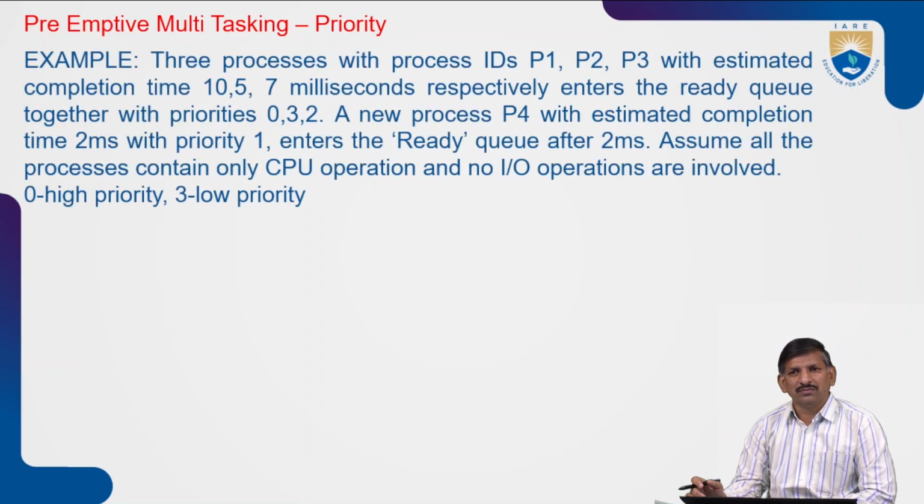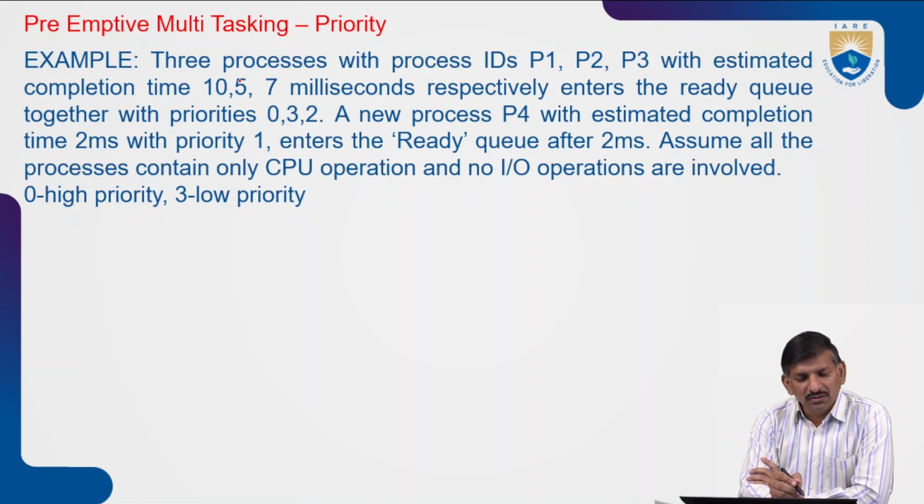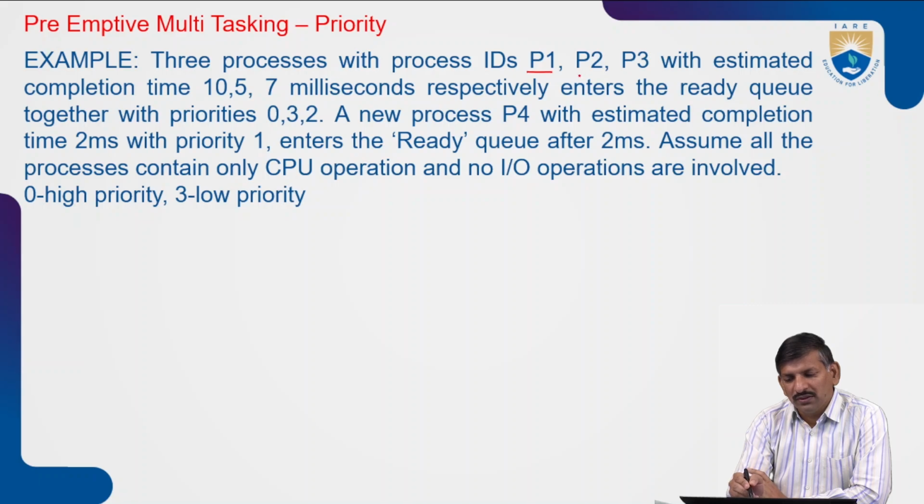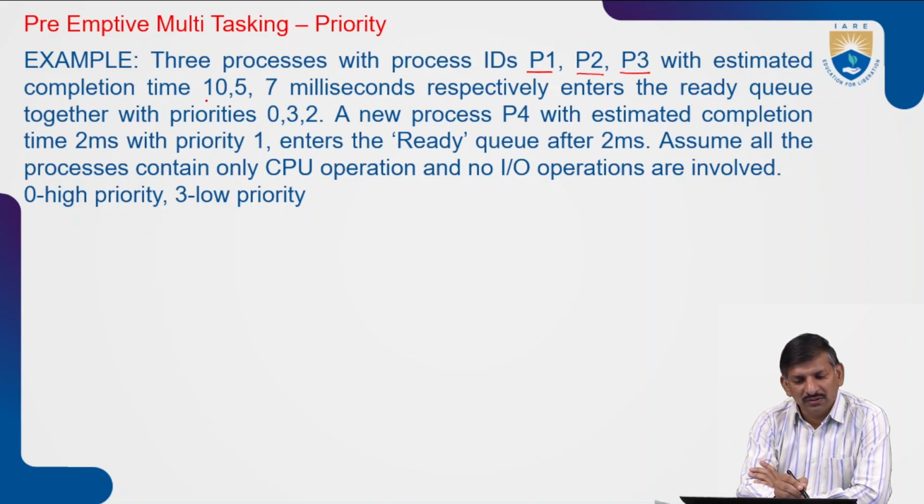Let us take one example. Here we consider three processes, P1, P2, P3, with estimated completion times of 10 milliseconds, 5 milliseconds, and 7 milliseconds respectively.